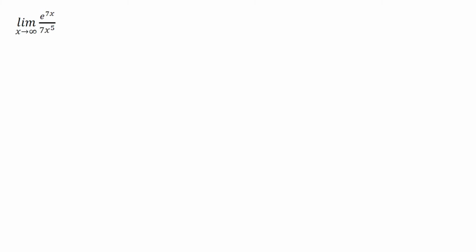So our first one here is the limit as x approaches infinity of e to the 7x over 7x to the fifth. Well, both of those are infinity, but an exponential function is going to increase faster than a polynomial function. Therefore, the numerator is going towards infinity faster, which means the limit here is just infinity.